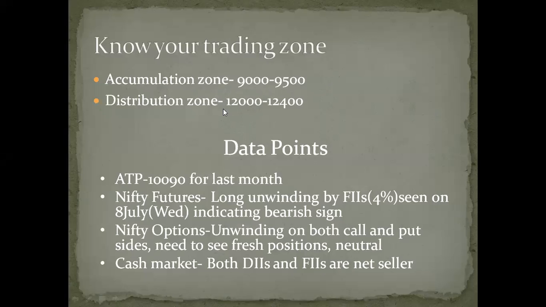And distribution, what we have seen in January, February, that 12,000 to 12,400 was the distribution zone. This is the point where sellers sold everything and brought the market to 7,600 levels.